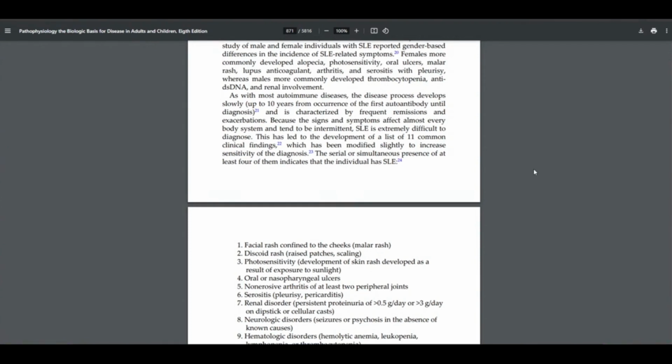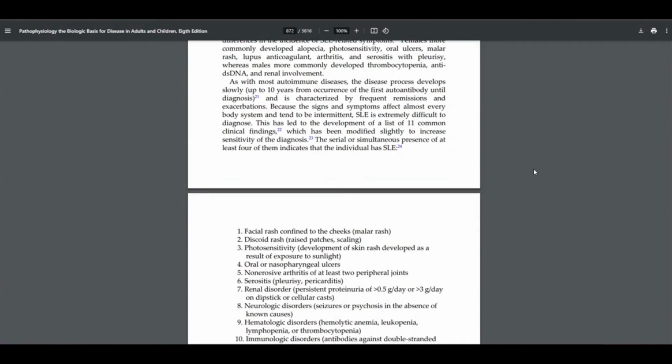Because the signs and symptoms affect almost every body system and tend to be intermittent, lupus is extremely difficult to diagnose. This has led to the development of a list of 11 common clinical findings, which have been modified slightly to increase the sensitivity of diagnosis.